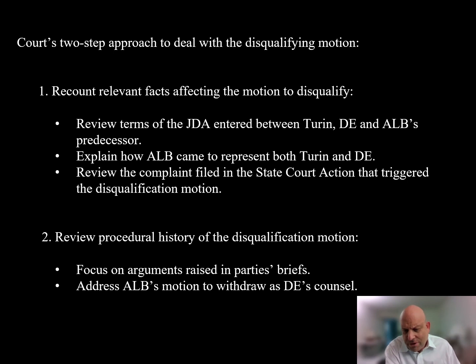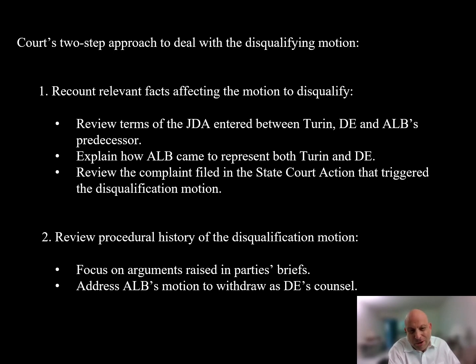All right, so the court indicates in its opinion that it's going to be very meticulous in analyzing this. It sets out what it's going to do in the opinion. It says it's going to review the terms of the JDA entered into between Turin, Douglas Elliman, and ALB's predecessor, and look at those terms very carefully, since ALB is basically relying on that to a large degree.